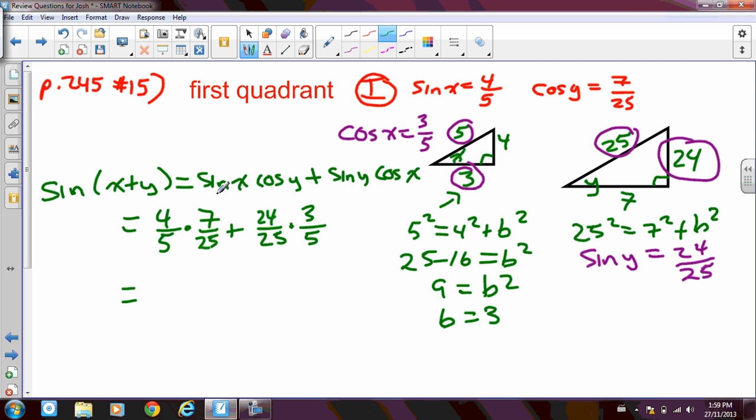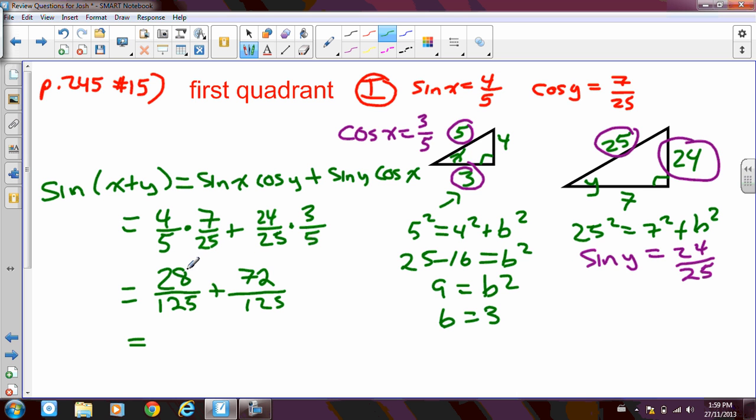Okay, sorry about that. If we multiply these out now, we get 4 times 7 is 28 in the numerator. 5 times 25 is 125 in the denominator. Over here, 72, 24 times 3, and again 125 in the denominator.